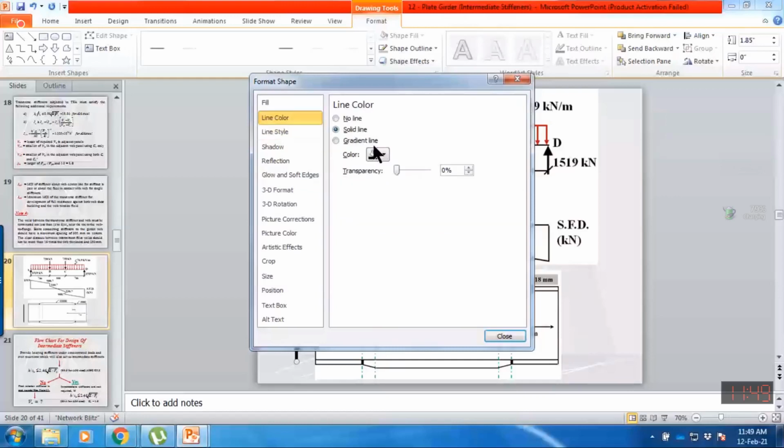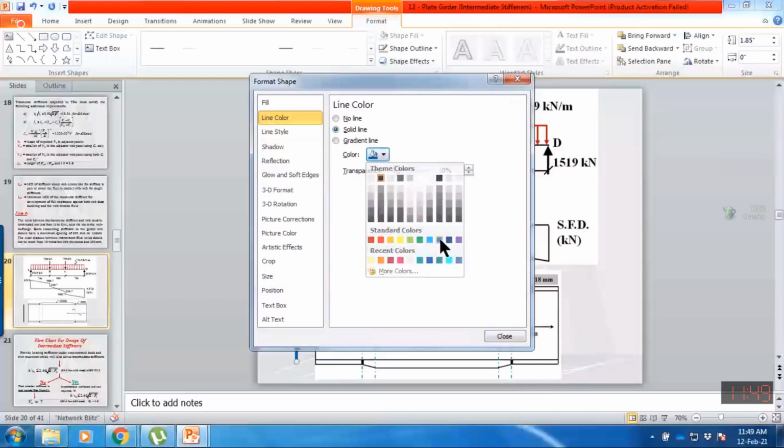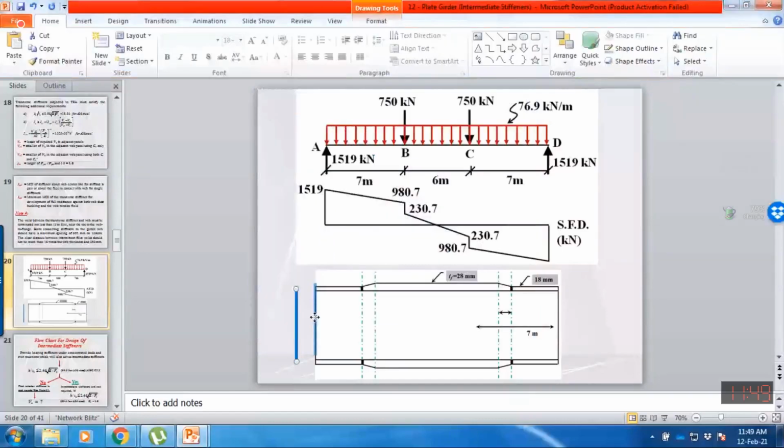Let's suppose this bearing stiffener also serves as an intermediate stiffener, and one stiffener I am providing over here, and this is a bearing stiffener I am having, and one stiffener may be in the center, and one stiffener may be over here.